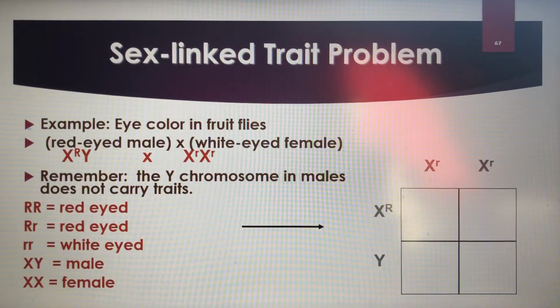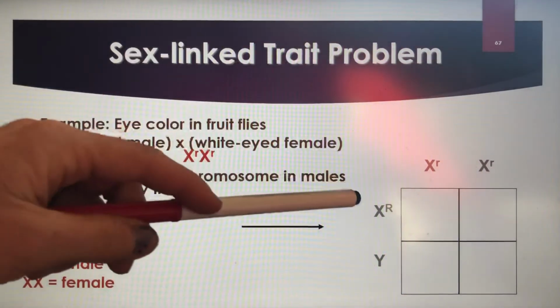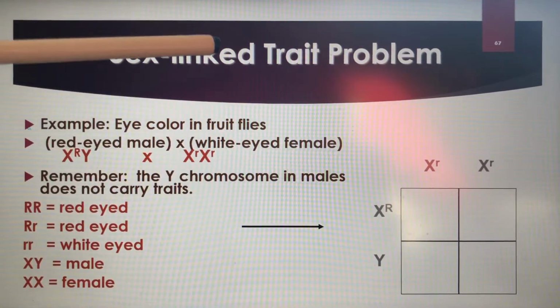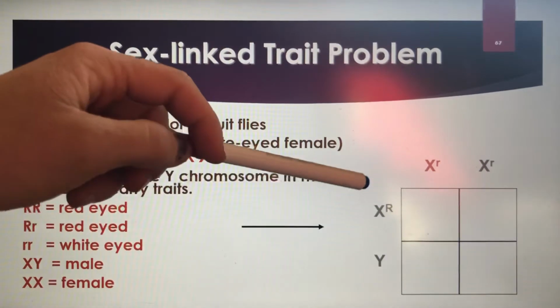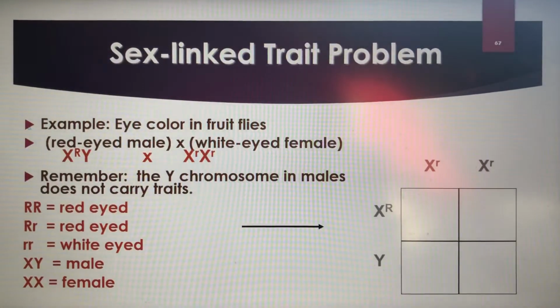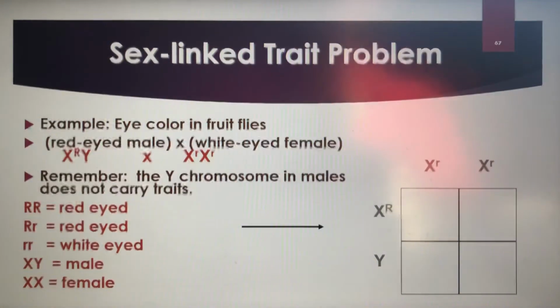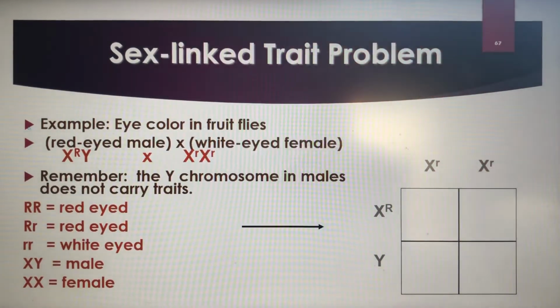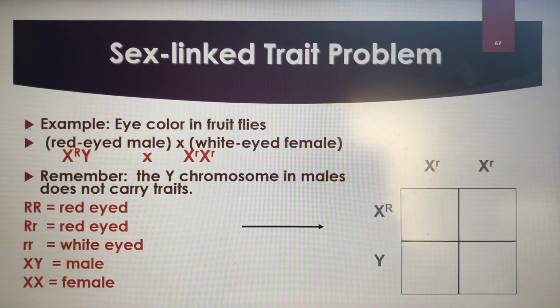Doesn't matter for autosomal traits, but for sex-linked traits, you want to make sure that you have your X and your Y. And if it's carried on the X chromosome, you show it on the X chromosome. And this is why only if all the males were to show a white eye color, that would be an indication of it being a sex-linked trait.